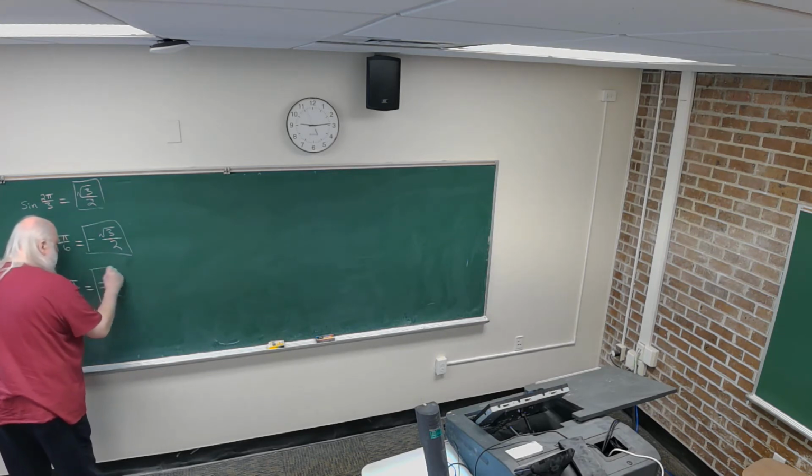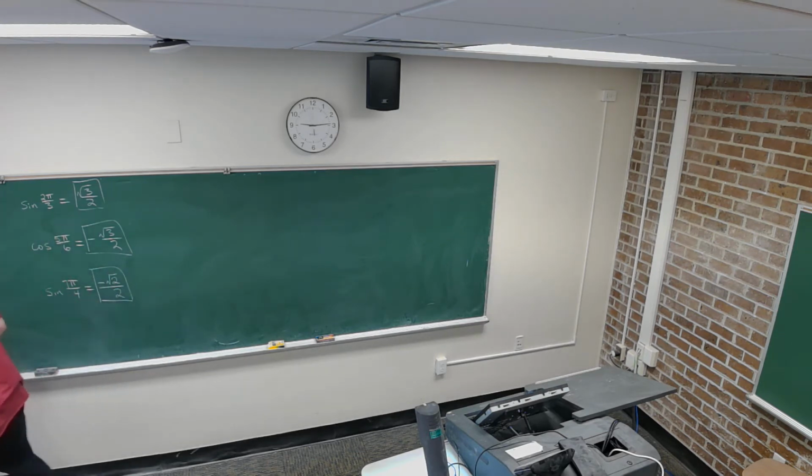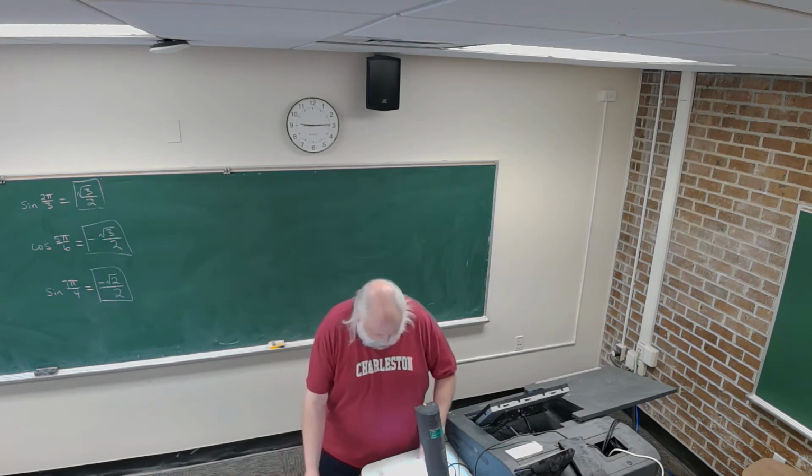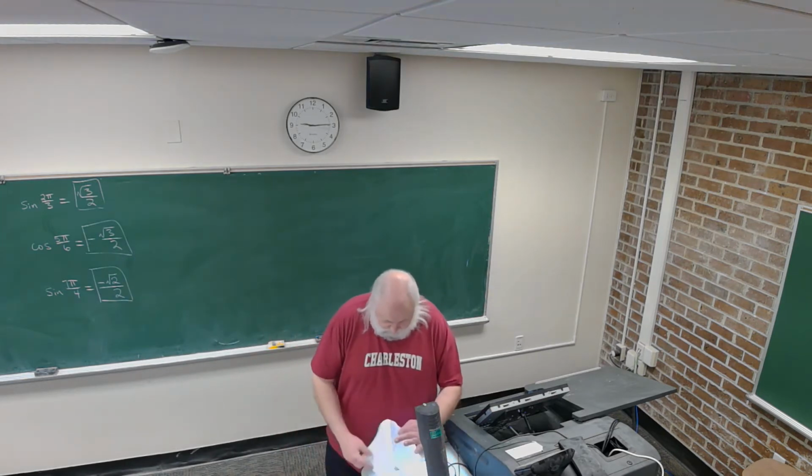And so you notice that all the x coordinates and the y coordinates are kind of the same. You have the same set of numbers making up the x coordinates and y coordinates. Some are positive, some are negative. And that all follows from what we talked about on Monday.